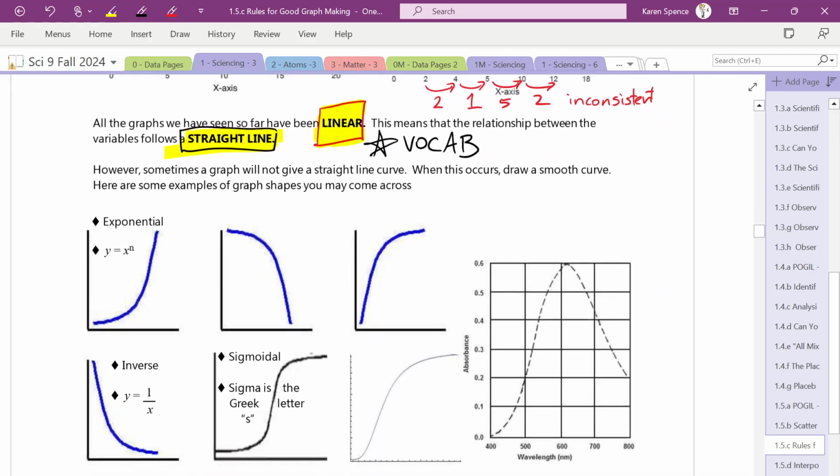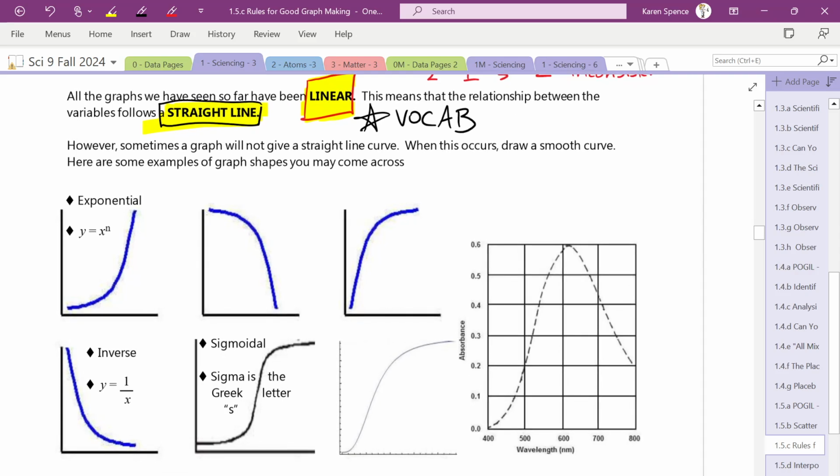There are all kinds of different curves, but what you're not going to see is a curve like that. You will not get wiggly-waggly curves. You're going to see a smooth trend. Either it goes up and it goes up faster and faster and faster.